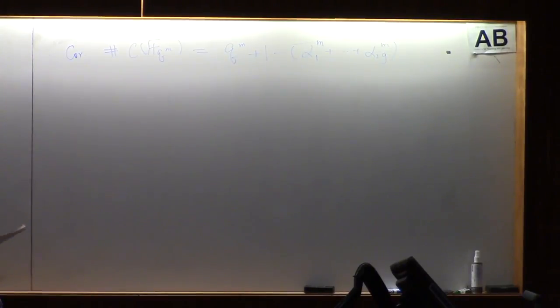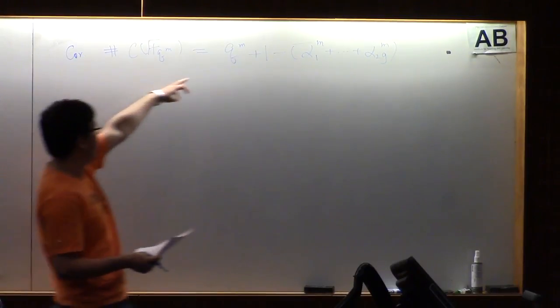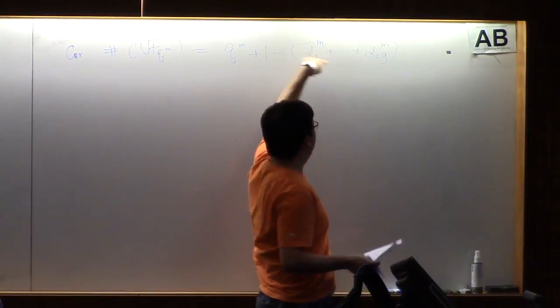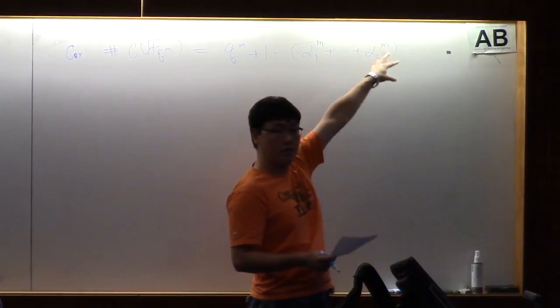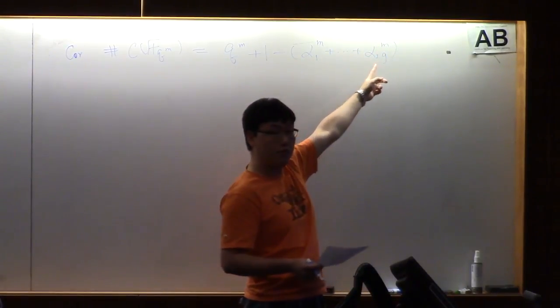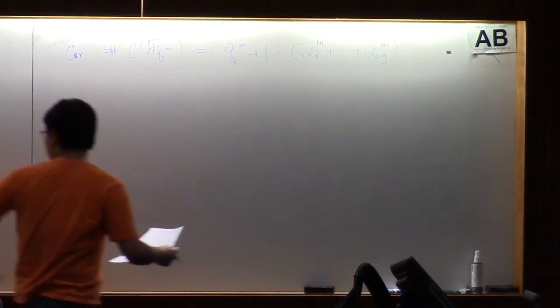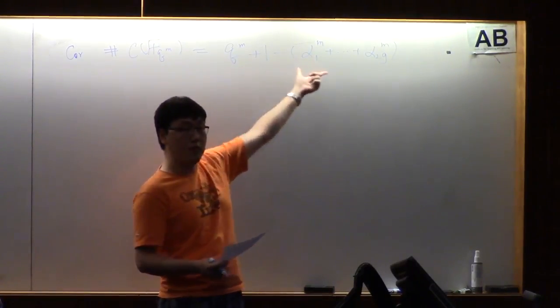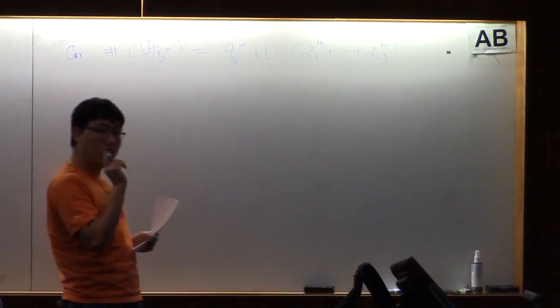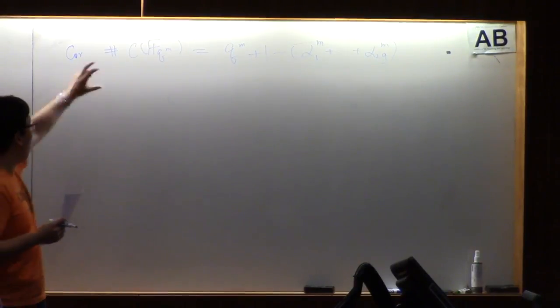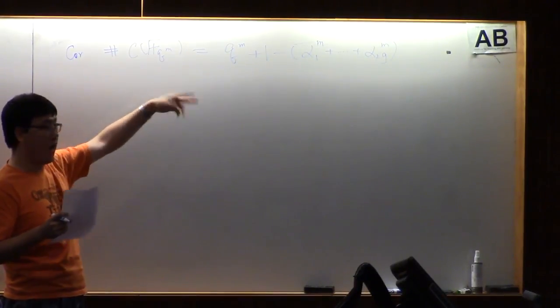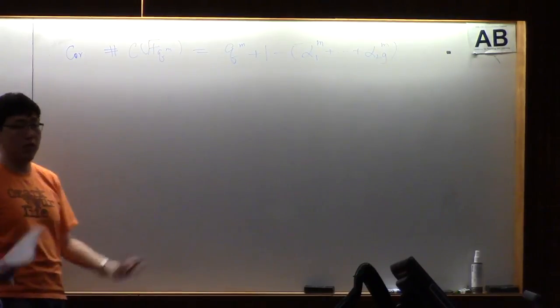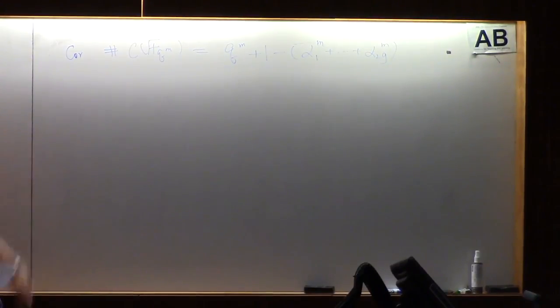In particular, if the genus is 1, here you have only 2 terms in this sum. Together with the Riemann hypothesis, you can see that this number is always positive. So that means on a genus 1 curve, you always have an F_q rational point, no matter how large the field is.